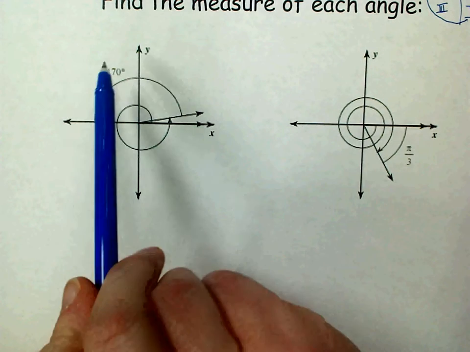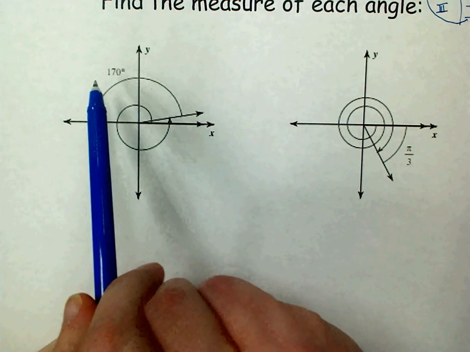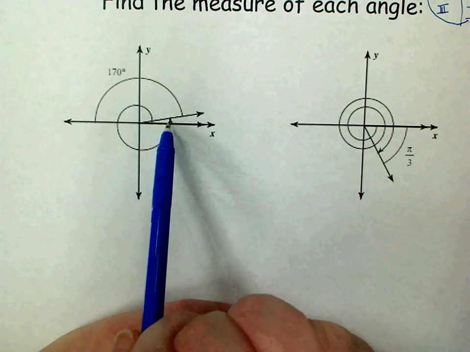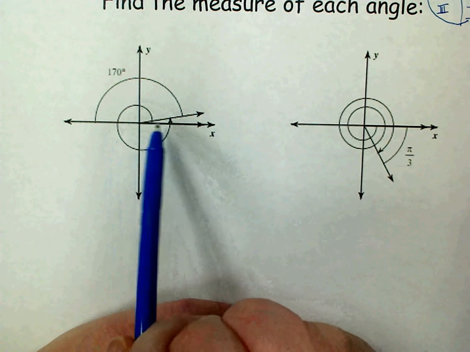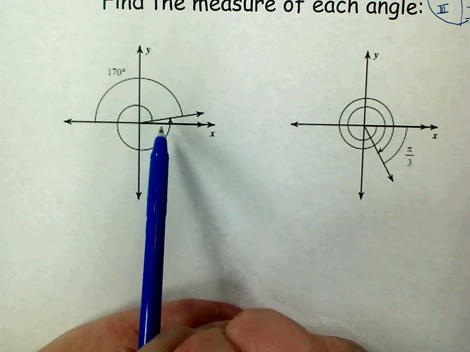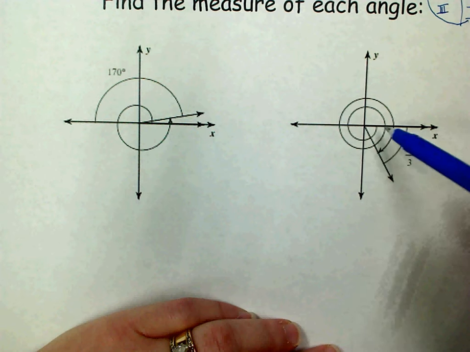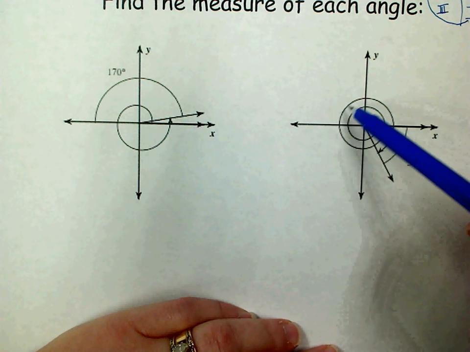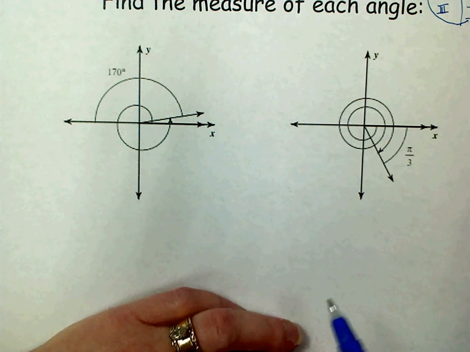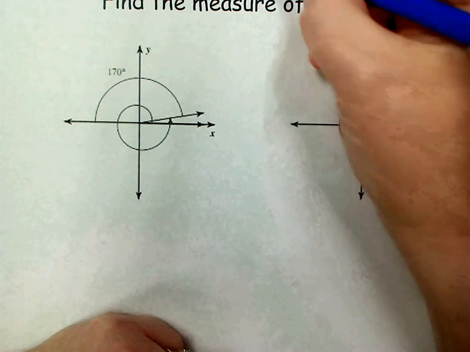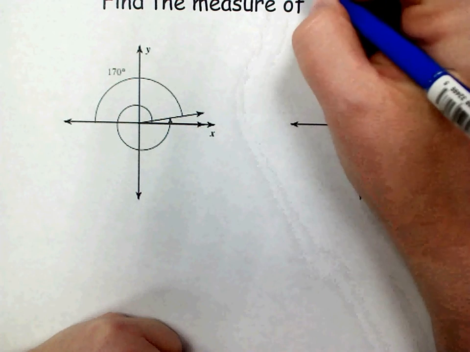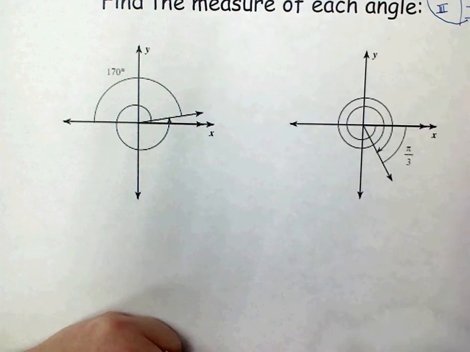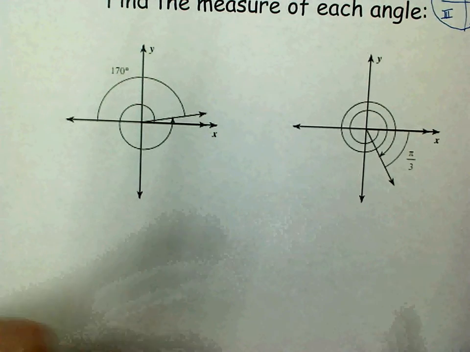So do you see the little arrow here? That is going to be a positive angle measure in degrees and radians. But when you go clockwise, that's when you get negative answers. So counterclockwise is positive, clockwise is negative. So really watch your signs on problems like this when you're giving your answer.